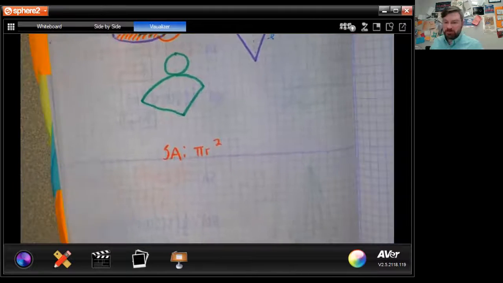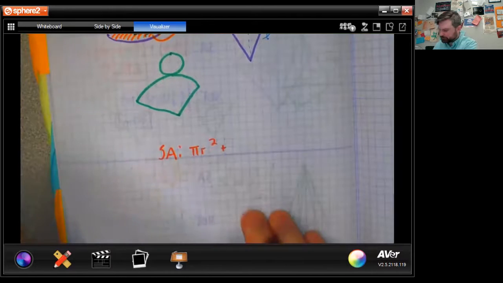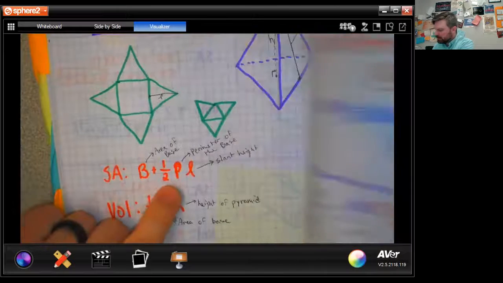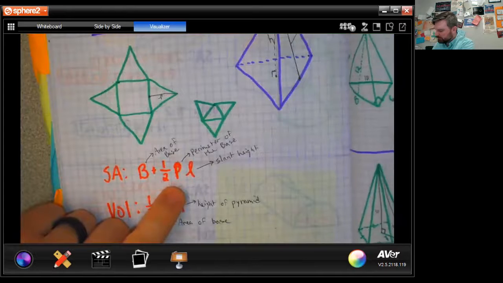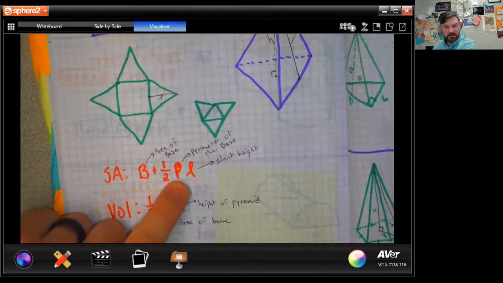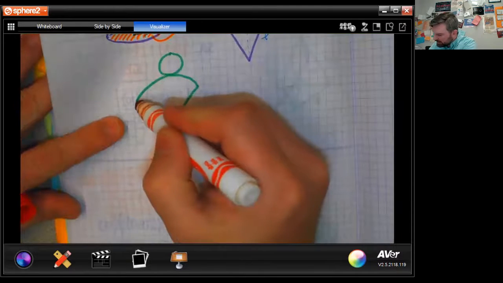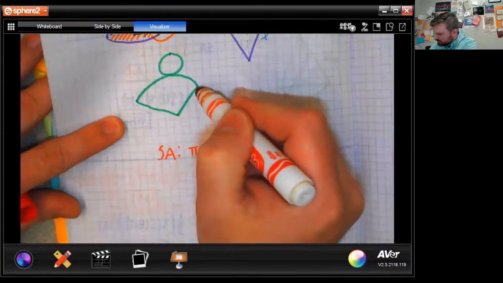Now the base will always be a circle, so that's why we leave it pi r squared. Okay. Now, here we have the slant height, which we still have, but instead of half the perimeter, we have to find this thing over here.